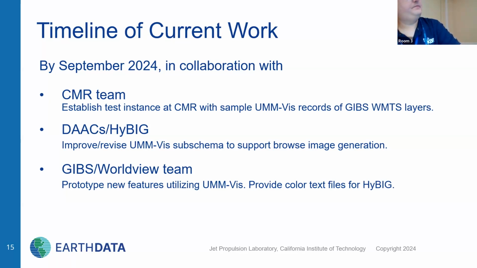And with DAACs, especially PO.DAAC and the Hybrid team, we are trying to improve the current draft of the UMVS schema and to support browse image generation. And lastly, we also started working with GIBS, especially the Worldview team, to prototype some new features using the UMVS schema, and also re-implement some features which are already there, to make the whole thing smoother.